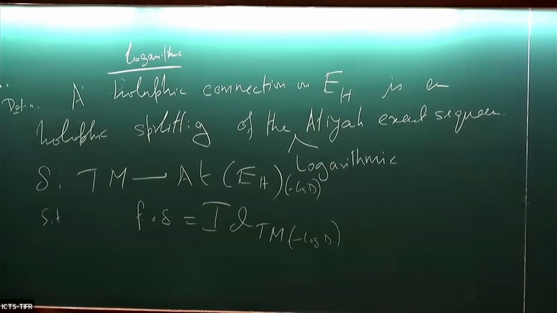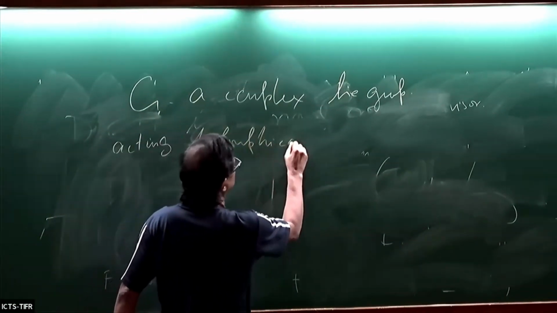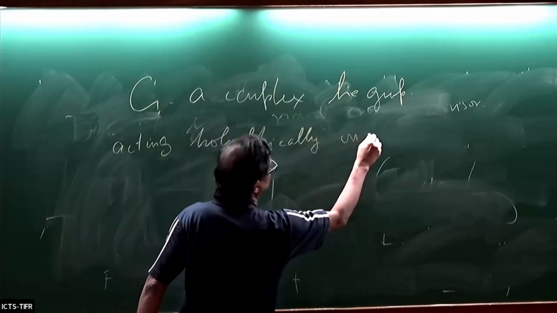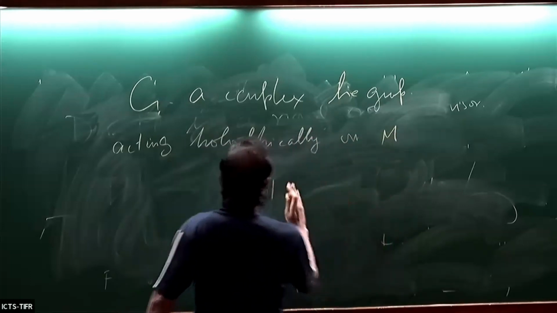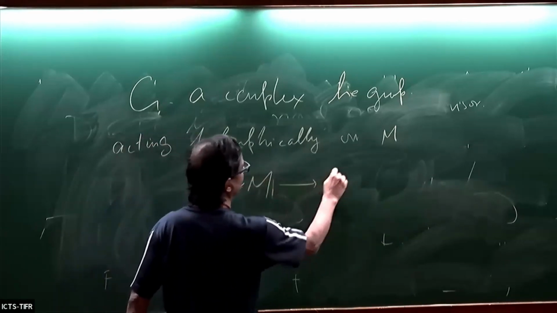Now, suppose G is a complex Lie group acting holomorphically on M. So you have G cross M, and the action map is holomorphic.